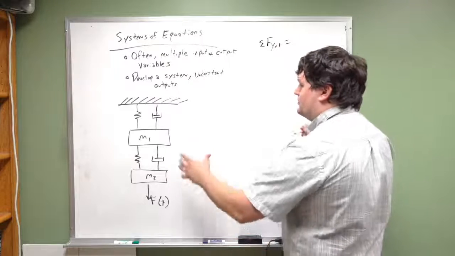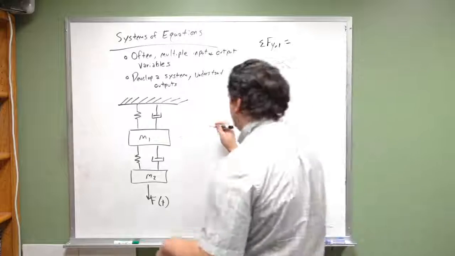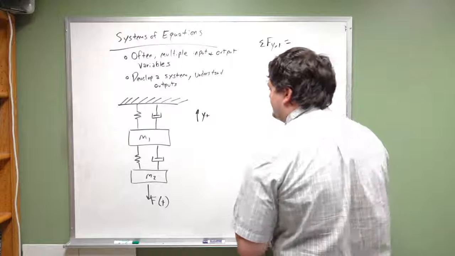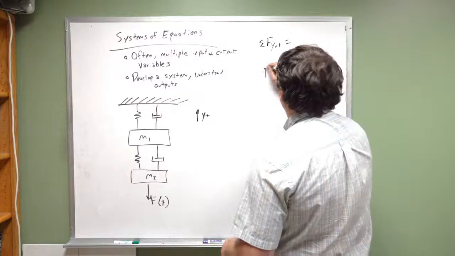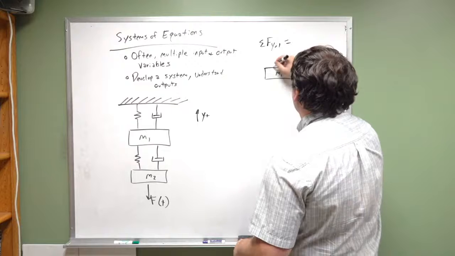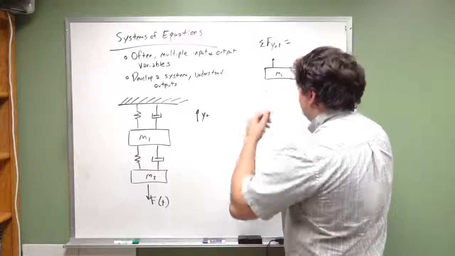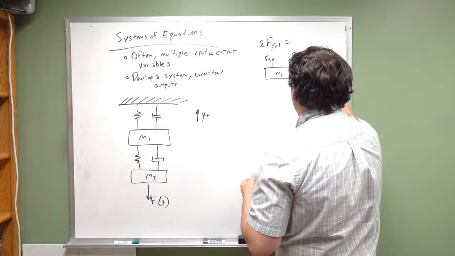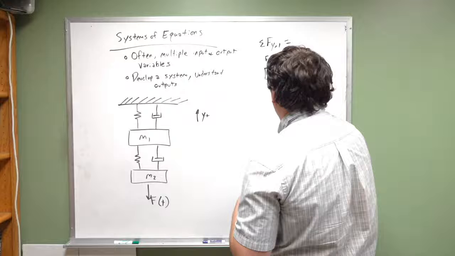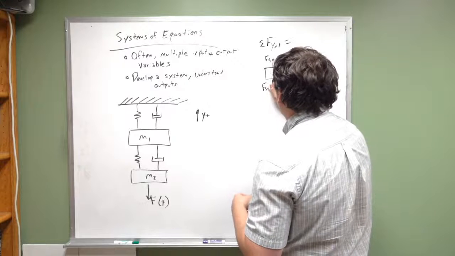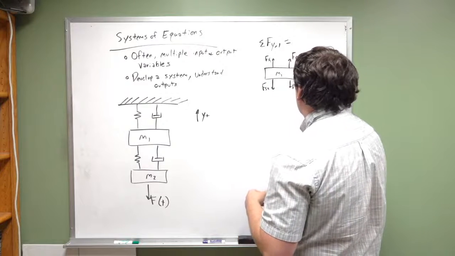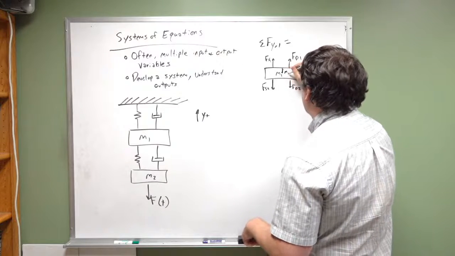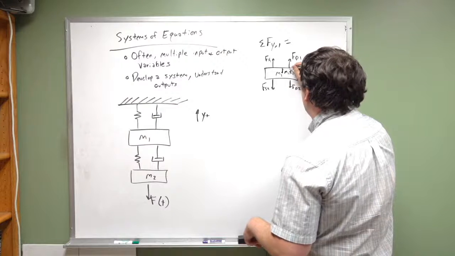If we signify that this is the positive direction of y, then for this object, mass 1, you've got force in your spring 1, force in your damper 1, force in your spring 2, force in your damper 2, and then your inertial force m1 x1 double dot.